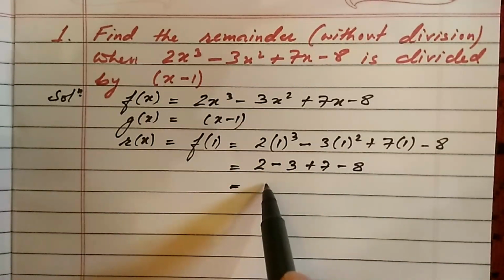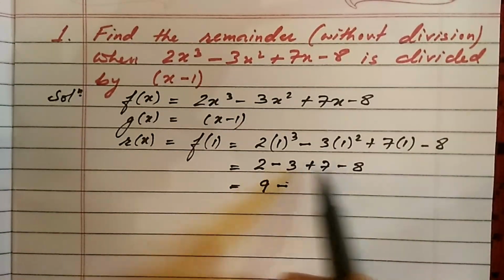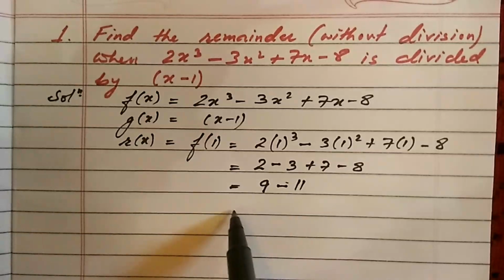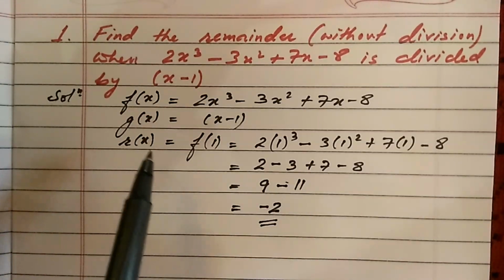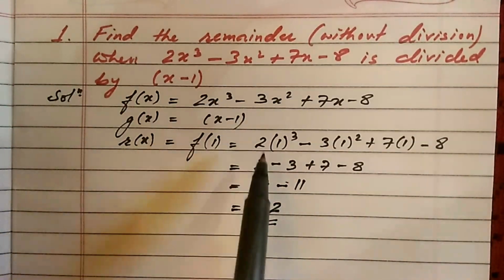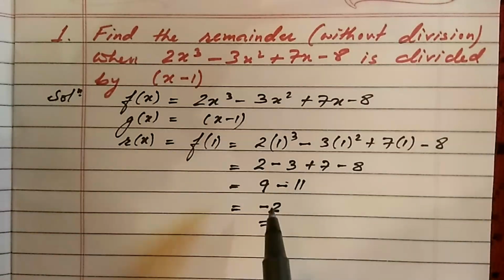So 7 plus 2 is 9, minus 8 plus 3 is 11. When we subtract, we get minus 2. So we have obtained the remainder minus 2 without actually dividing, by using the remainder theorem.